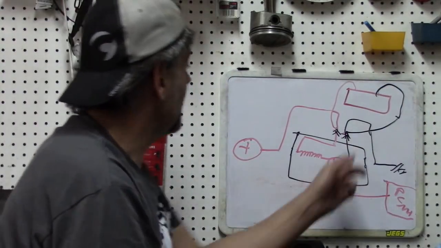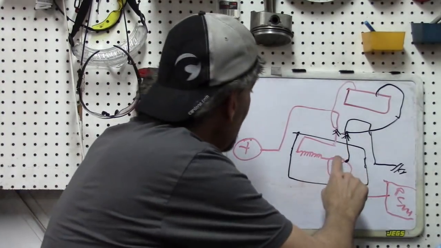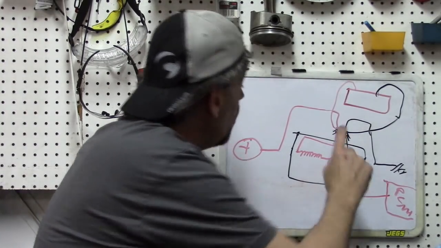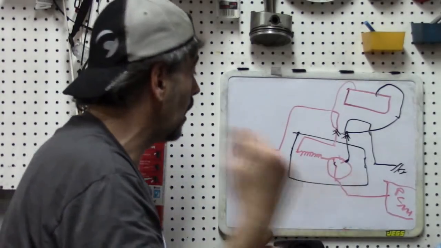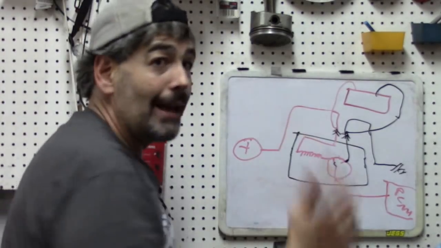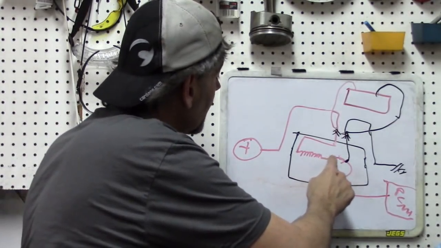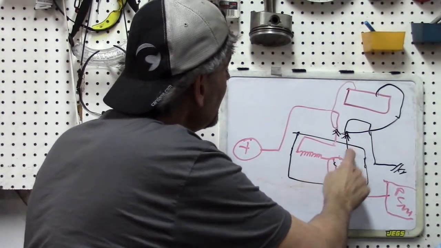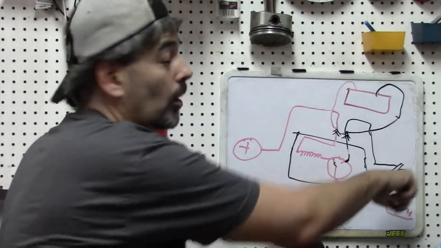Now the problem is that because the switching is here, what happens when this switch opens and we get the spark? Once we stop the current flow and we get the spark, that voltage spike is here, not here in the wire that's eventually leading to our ground.